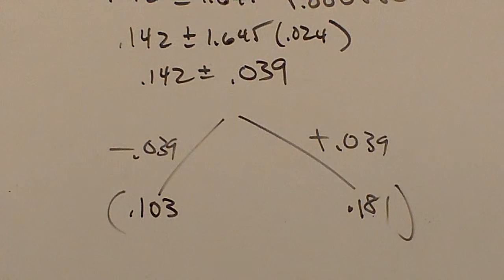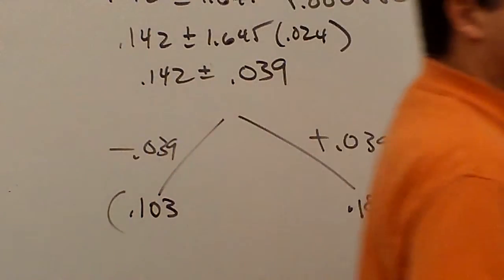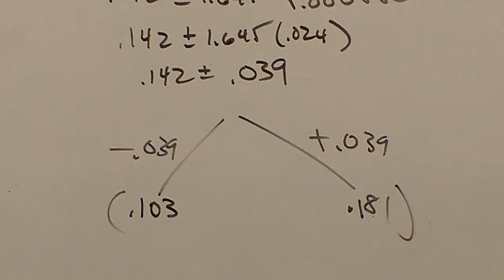Proportional Z interval, number 1. And you simply put in P, 0.142, put your N value, and you put your confidence level, which in this case is 90%. And you hit calculate, you should get back these two figures. Make sure we all get that.